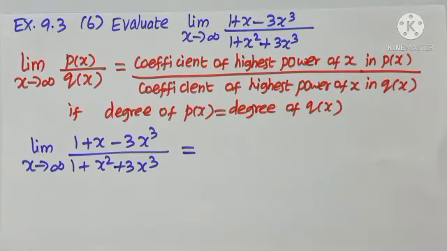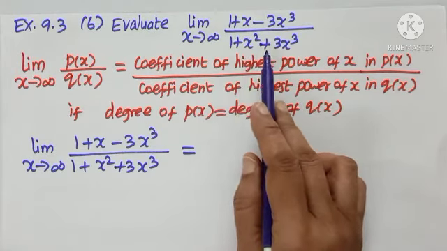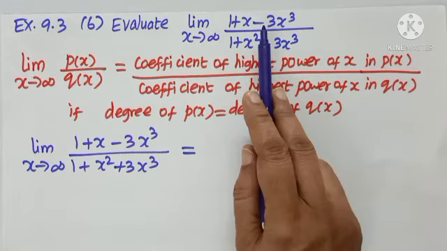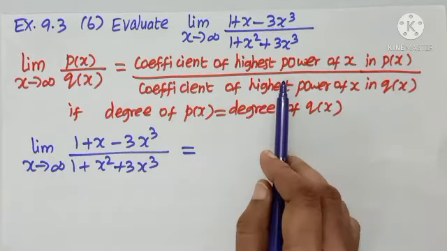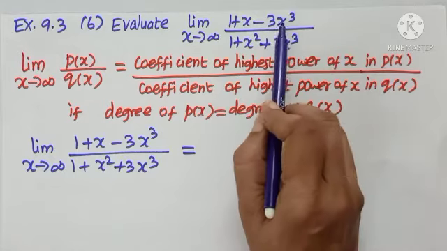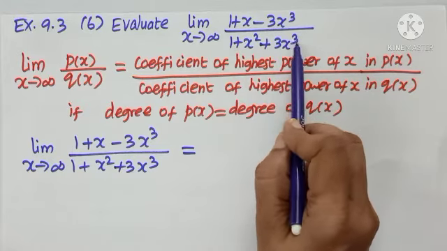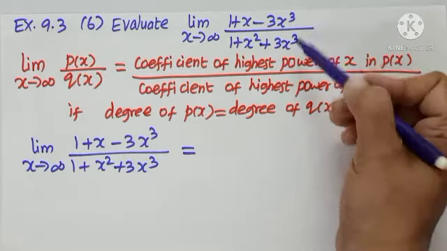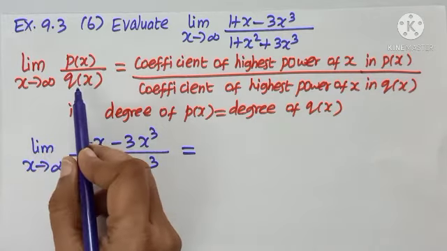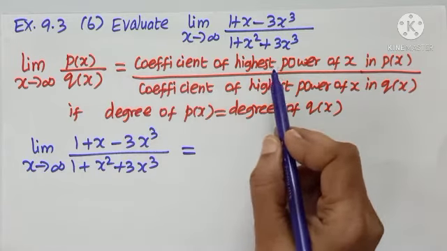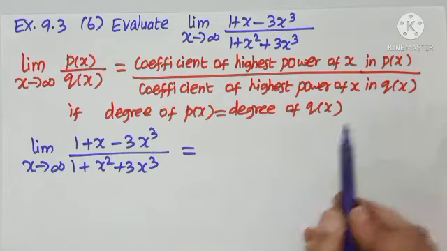Question number 6. Evaluate limit x tends to infinity of 1 plus x minus 3x cube by 1 plus x square plus 3x cube. Again, it is a rational expression and limit x tending to infinity. I can recall this formula. Look at the highest degree. The numerator highest degree is 3. The denominator highest degree is also 3. As they are equal, let us recall: limit x tends to infinity of p of x by q of x is the coefficient of the highest power of x in p of x by the coefficient of the highest power of x in q of x.